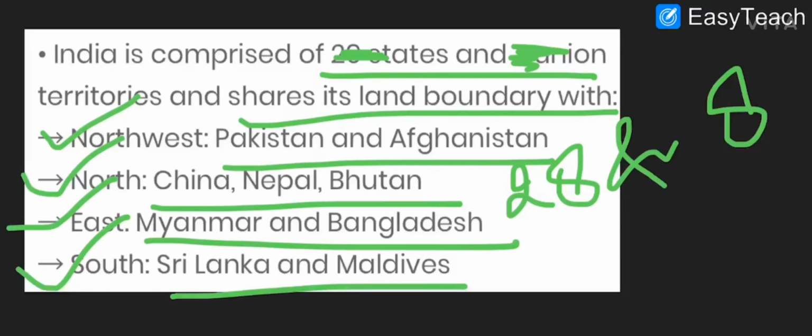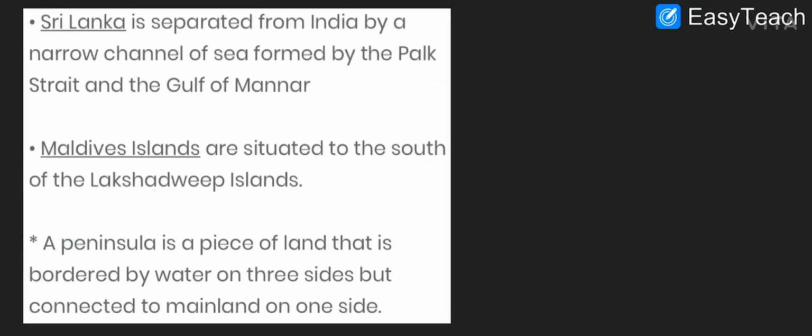So just keep the map in mind. Many of your questions will be easily solved, like the latitudinal and longitudinal extent of India, the coordinates of India, which extent is larger, north-south or east-west? North-south extent. Okay? So keep the map in mind and you can have easy questions on that.